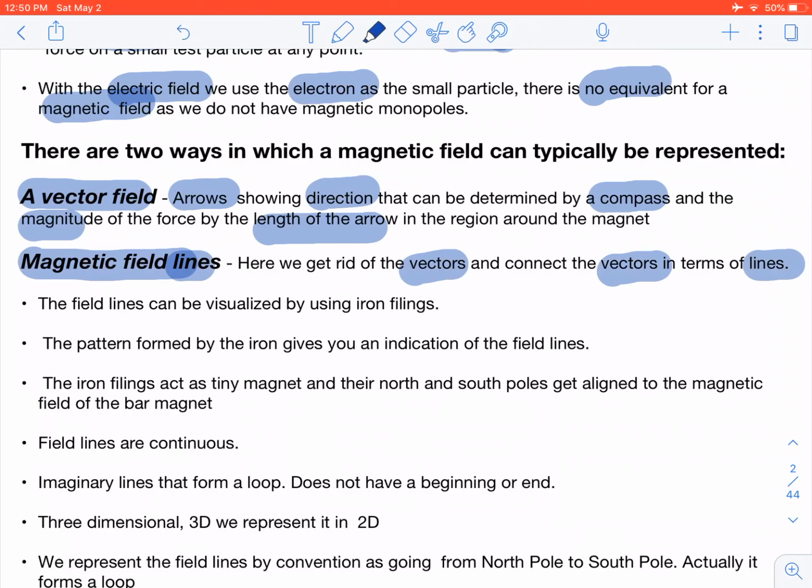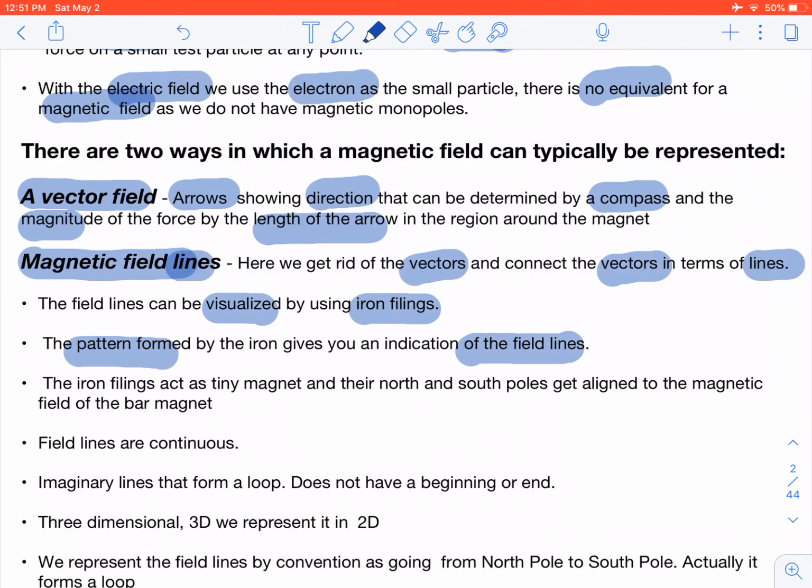So in order to get a sense of what's happening around a magnet and in that region, we can visualize it by using iron filings. Iron filings are a magnetic substance. As we sprinkle iron filings around a magnet, we find that it gives us a certain pattern, and it gives us an indication of the field lines.